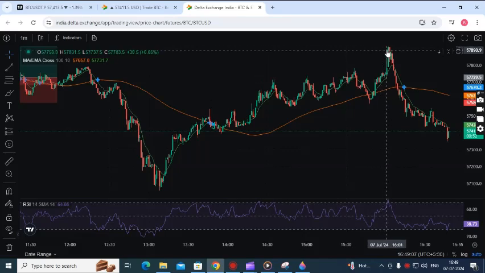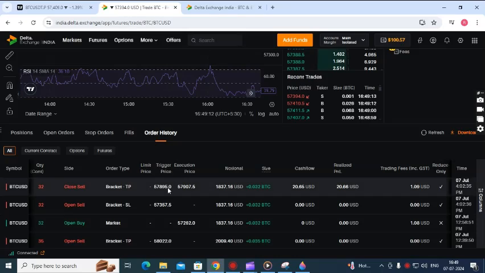This was the candle, so it was a little fast movement, so it hit after almost 12 points, and we got $20.66 of profit and trading fees of 1.09. So my account value increased to $100 now.